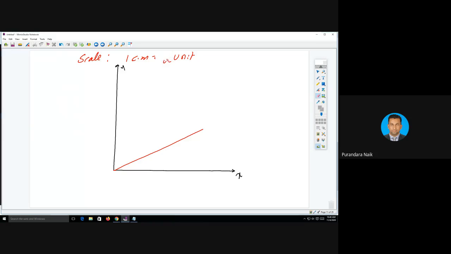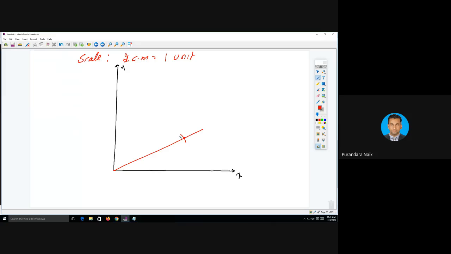I think it is wrong. It is 2 centimeter equal to 1 unit, correct? Yes, 2 centimeter is equal to 1 unit. So 3 units means 6 centimeters. Cut the length to 6 centimeter.